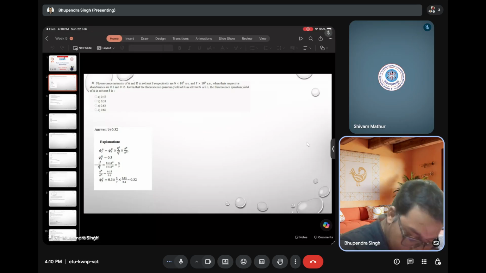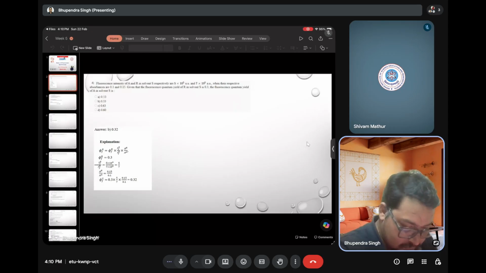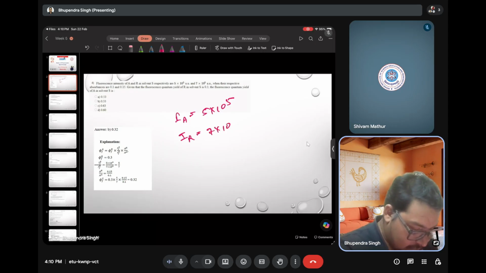The fourth question is: the fluorescence intensities of A and R in a solvent S. The intensity of A is 5 into 10 to the power 5. The intensity of R is 7 into 10 to the power 5.